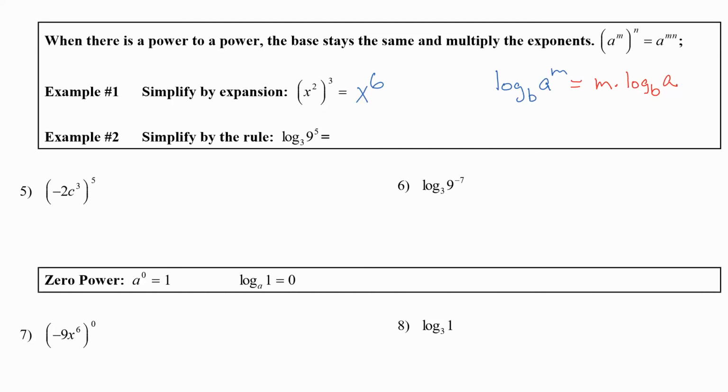All right, so that is helpful for like an example number 2. It's a shortcut. So we've done a problem like this before, but if we use this rule, it is a shortcut. So whenever we have an argument, so that's 9 there to the 5th, that 5 can come out in front. So it's 5 times that log.